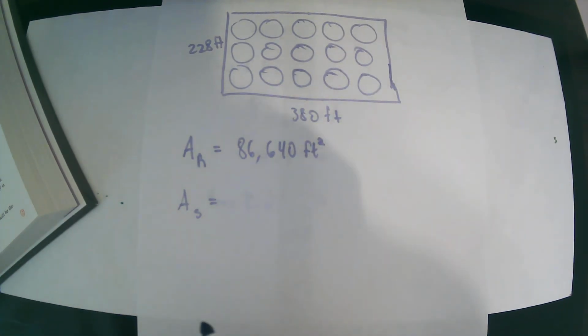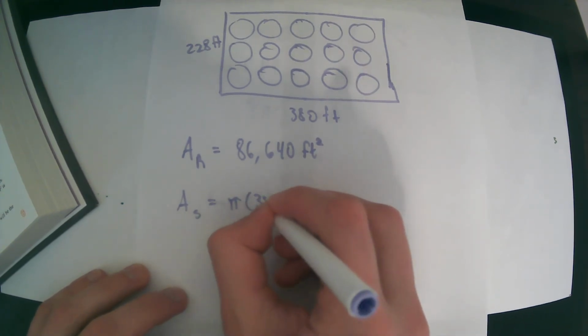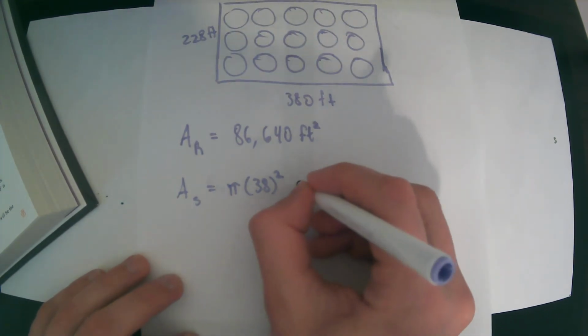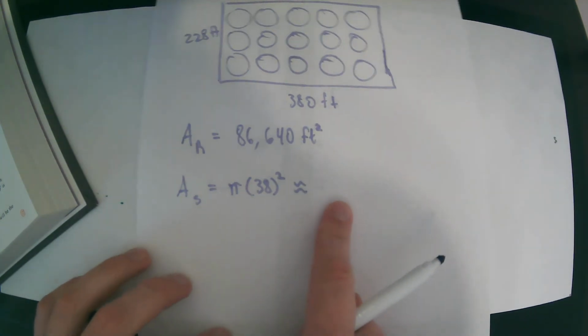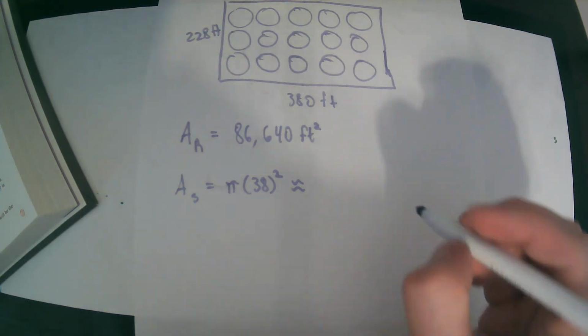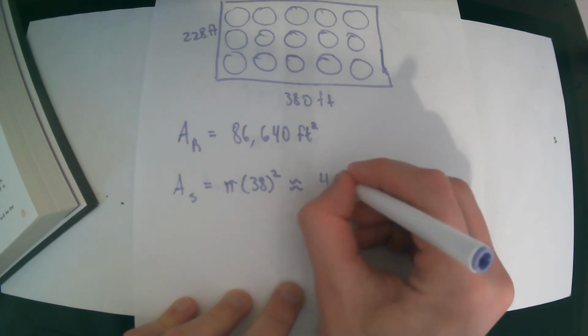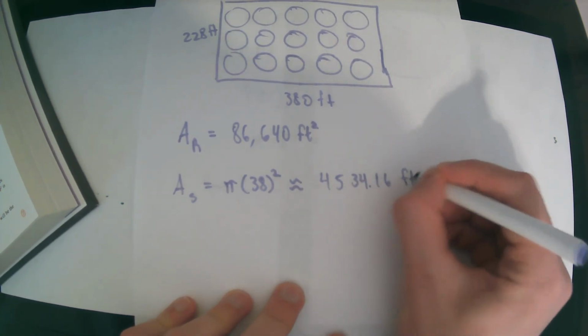Its radius, remember, is 38 feet, so that's going to be pi times 38 squared. So 38 times 38 and then times 3.14 is approximately 4,534.16 feet squared.